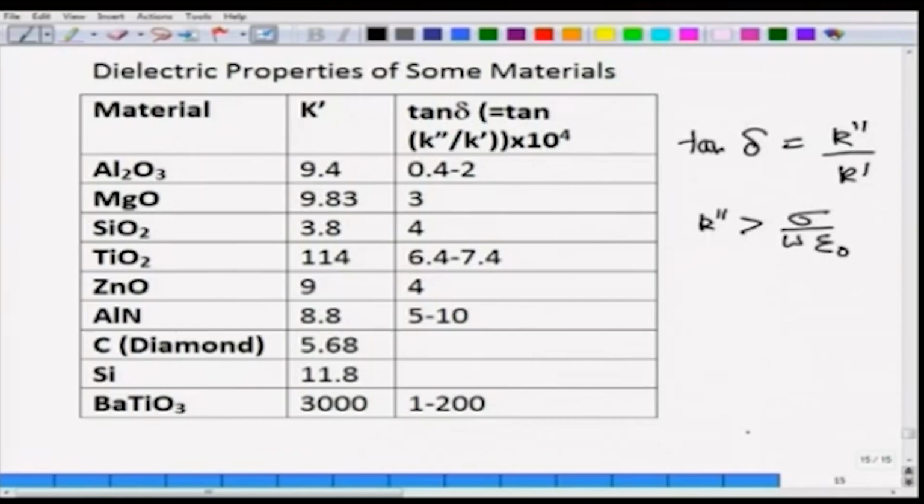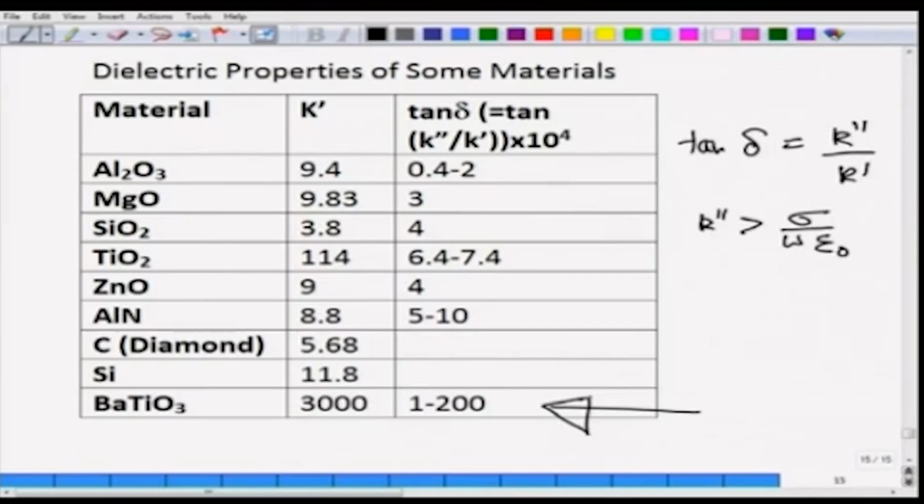Some important materials: alumina, with a dielectric constant of 9.4 and a loss tangent. So you can heat this a little bit. MgO, silicon oxide, a very common material in electronics, TiO2, zinc oxide, aluminum nitride, diamond, and silicon.